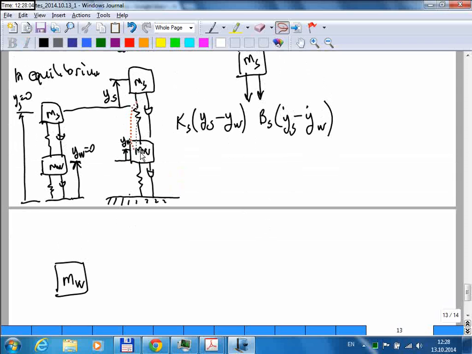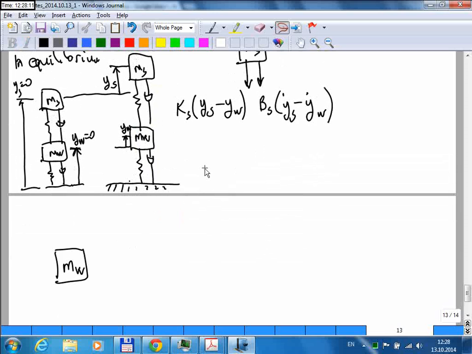There are two forces due to these two elements, and then there are two more forces due to these elements here. This spring was extended, right? A spring in extension tries to pull both ends back together. So it is pulling this mass downwards, but it pulls the lower mass upwards, right?